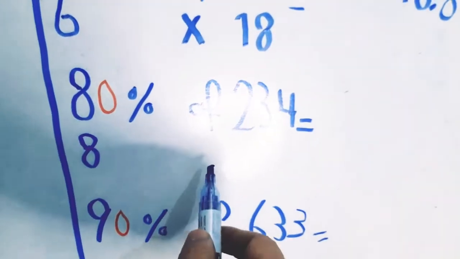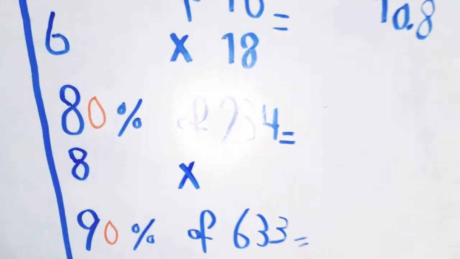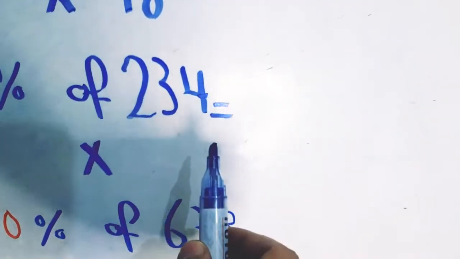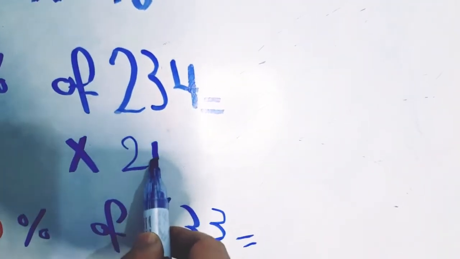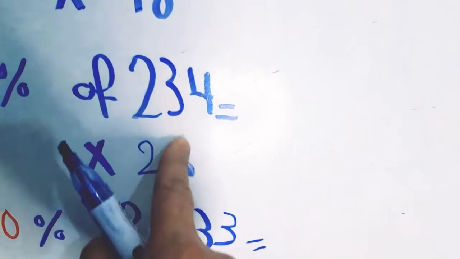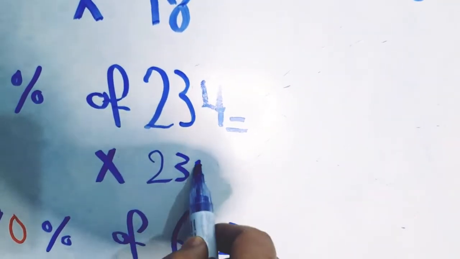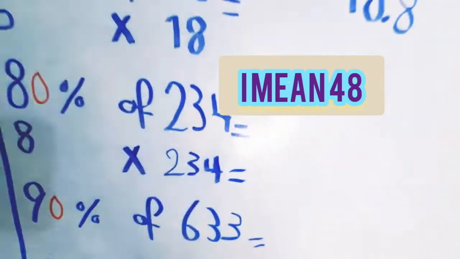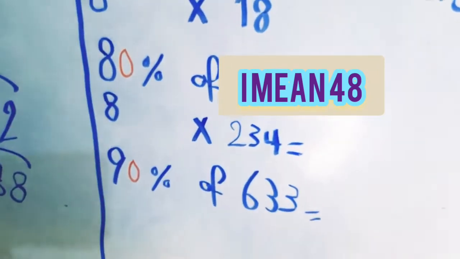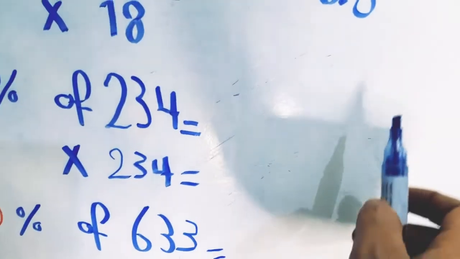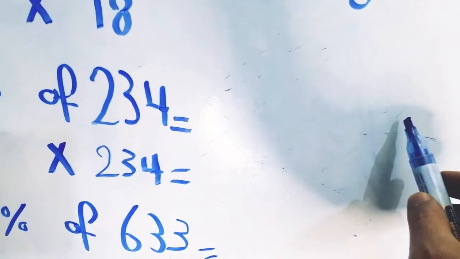Of is turned into multiplication. 234 is written as it is. Now we must do multiplication. 8 times 4, 32.